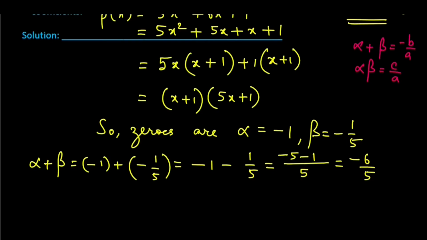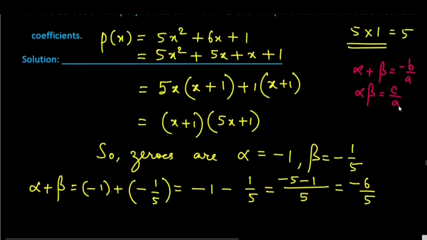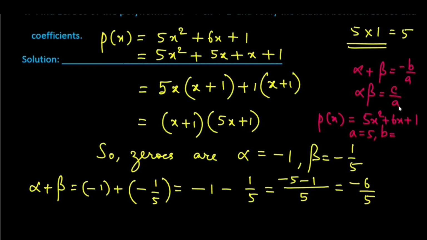Here p of x given is 5x square plus 6x plus 1. Now comparing this to general form of the quadratic polynomial, we get a is equal to 5, b is equal to 6 and c is equal to 1.